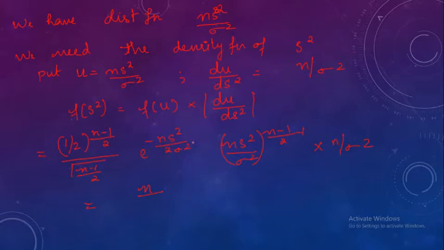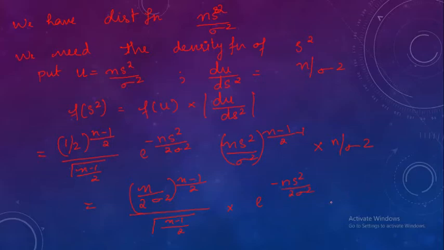You have a 2 over here, and the 2 is in the denominator. Then you have a sigma square over here. Clubbing all these terms, I get (n by 2 sigma square) the whole raised to (n minus 1) by 2, divided by gamma of (n minus 1) by 2, multiplied by e raised to minus n s square divided by 2 sigma square.